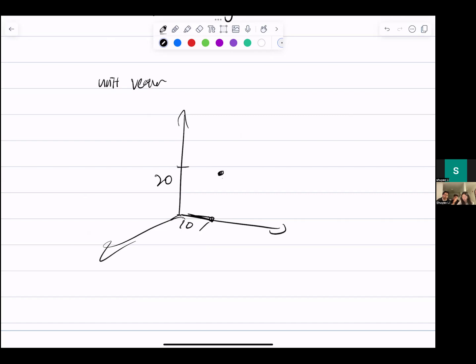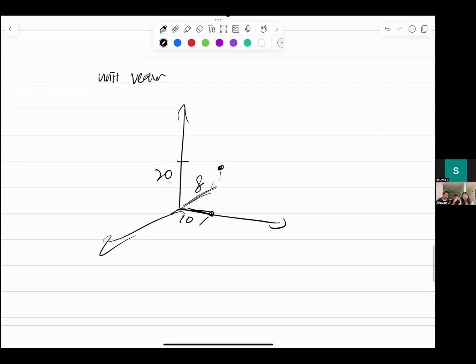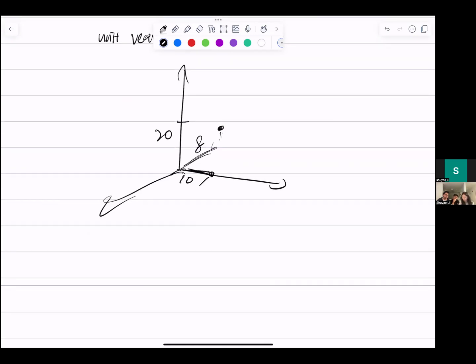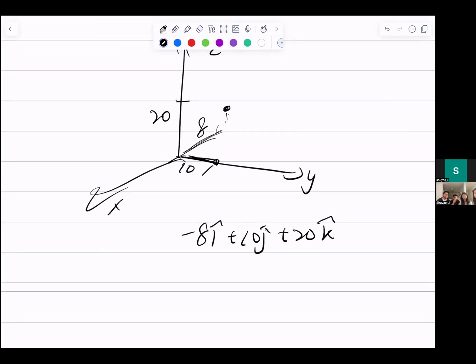If I tell you this is 20, and the distance here is 8, then we can find the position vector, which if we name it x, y, z, would just be negative i plus 10j plus 20k. So that's how we define it. And then get the unit vector of that and multiply it. That will be gone over next chapter, next lecture. All right, sounds good.